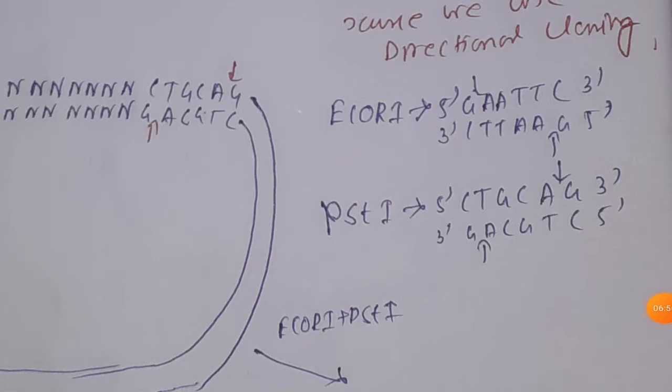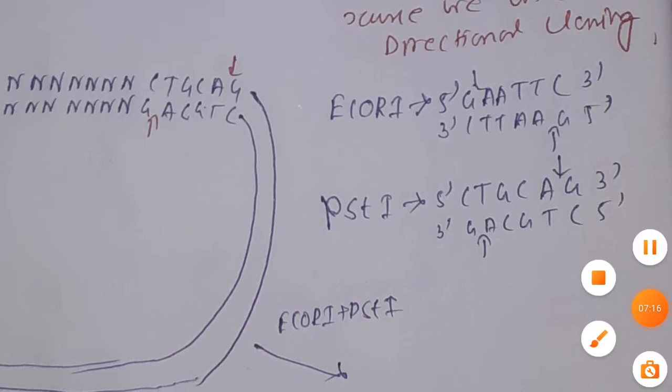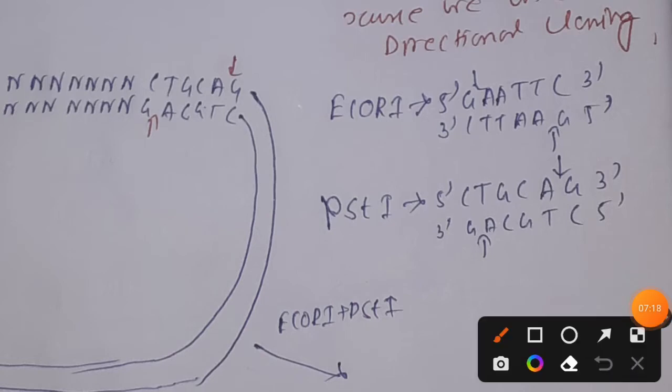In normal cloning we are using only one restriction endonuclease that we have used to cut our gene of interest from the natural source along with our vector, right? So here, for directional cloning, we will use one 5' staggered cutter and one 3' staggered cutter.